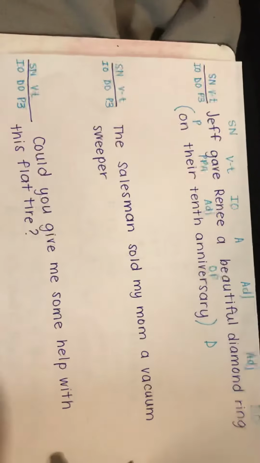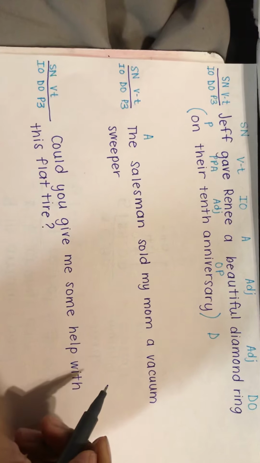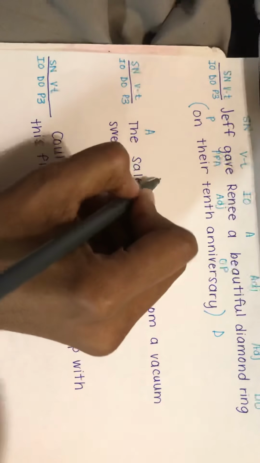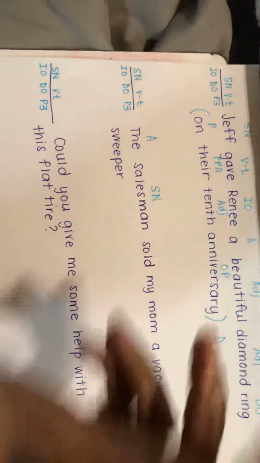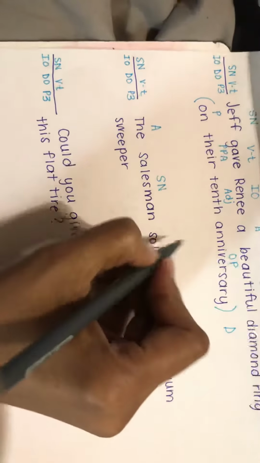But the next sentence is, the salesman sold my mom a vacuum sweeper. The is our article. Salesman. Who sold my mom a vacuum? The salesman. That is our subject noun. What is being said about the salesman is going to be our verb, which is he sold something.